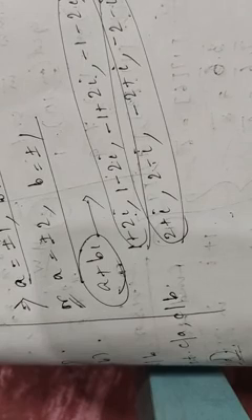Now let's check. The first 4 values are associates to each other, right? And the last 4 values are also associates to each other. You can take any one of the first 4 elements, the other 3 will be associates with that element. And if you take these 4 values also, any one of them, the other 3 will become associate of it.